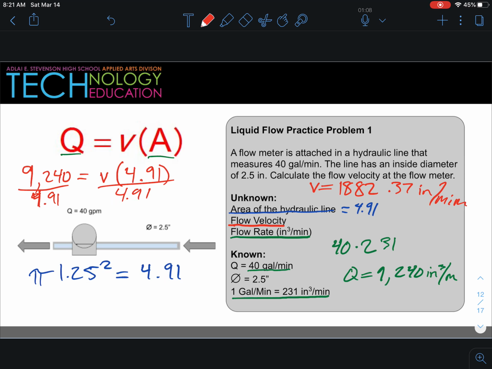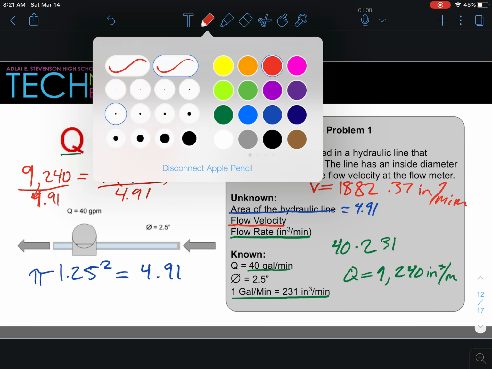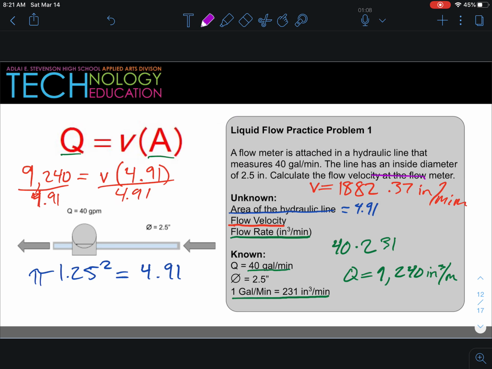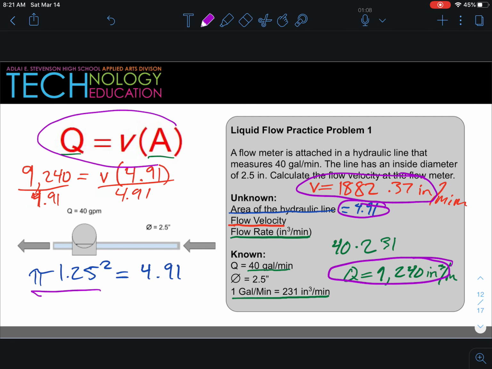All right, so we have found our velocity, we have our area, and we have our Q. Cool. So we were able to discover that using our area formula and throwing everything back in here. That was our very first practice problem.